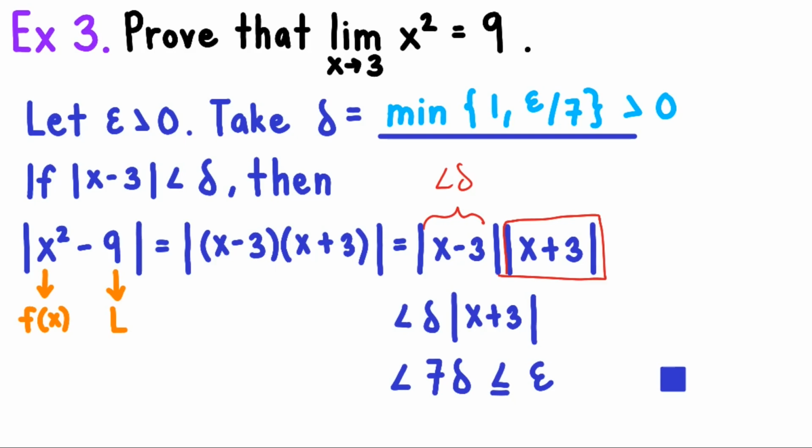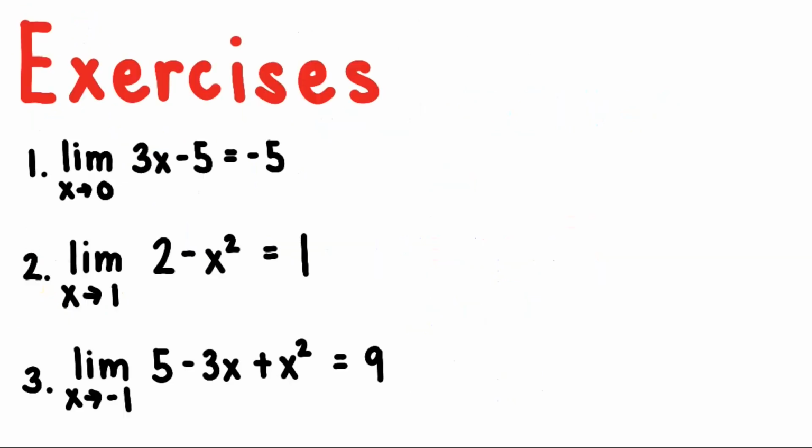To end this, here are some exercises that you can work on. We have the limit of 3x minus 5 as x approaches 0 is equal to negative 5. The limit of 2 minus x squared as x approaches 1 is 1. And the limit of 5 minus 3x plus x squared as x approaches negative 1 is equal to 9.